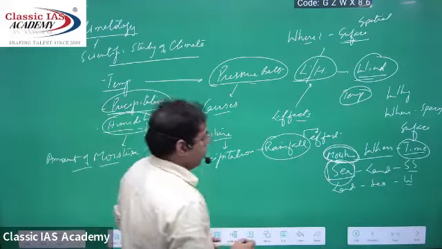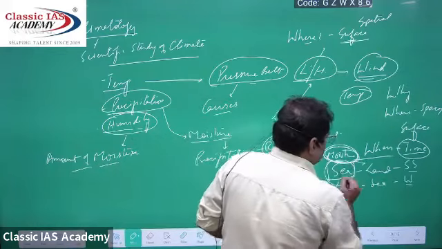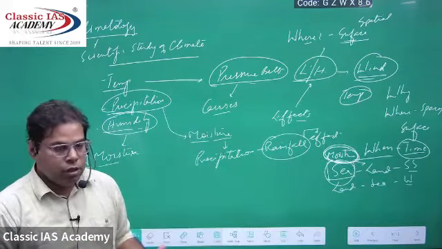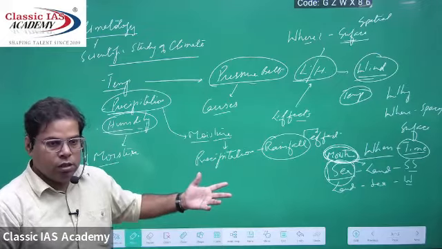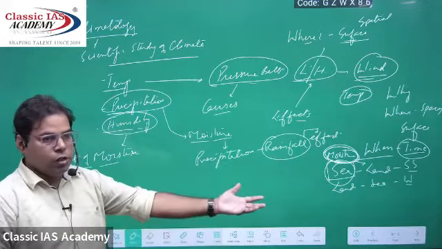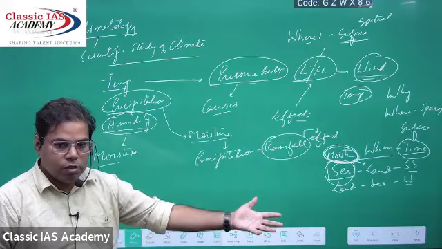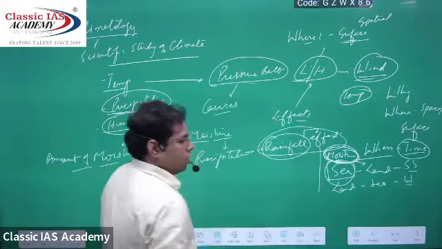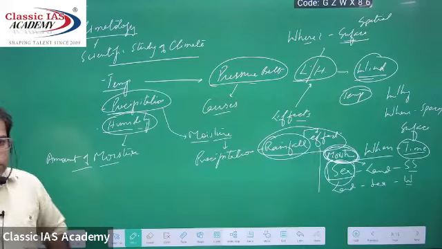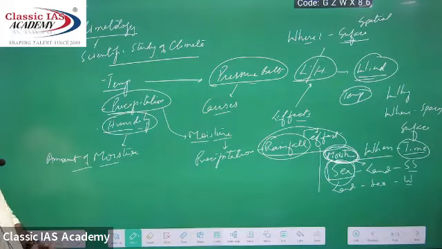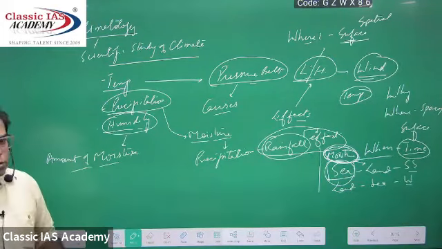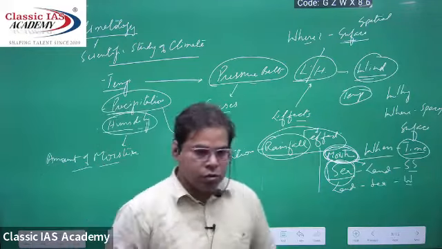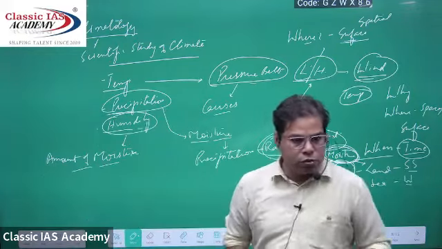If it carries the moisture and reaches the land and is obstructed by a mountain or some other physical feature, precipitation will occur over a place. Again we come to spatio-temporal analysis and cause and effect relationship. Everything in geography is only spatio-temporal and cause and effect relationship. Nothing in geography is beyond these two conditions.